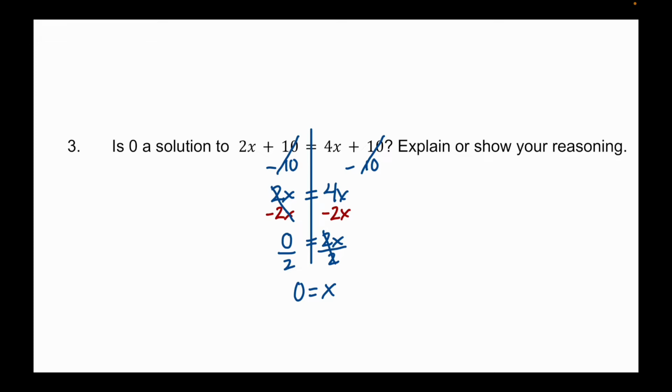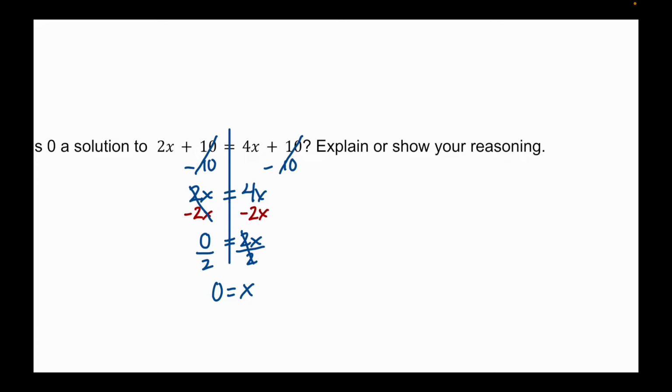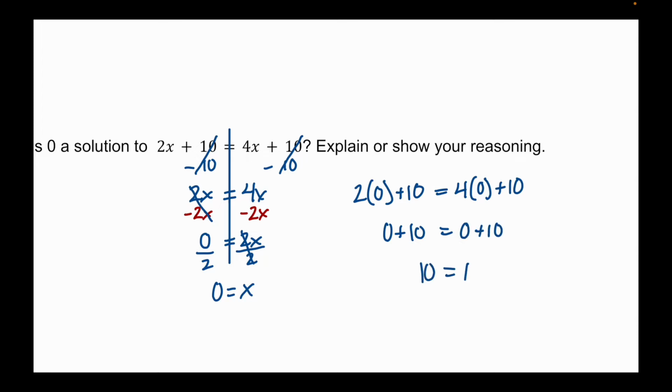The other way to do this is to plug 0 in and see if we get something even on both sides. I was just doing that as a sort of visual before, but we can say 2 times 0 plus 10 equals 4 times 0 plus 10, and then show that this is 0 plus 10 equals 0 plus 10, or that 10 is equal to 10, and that's like a check step.